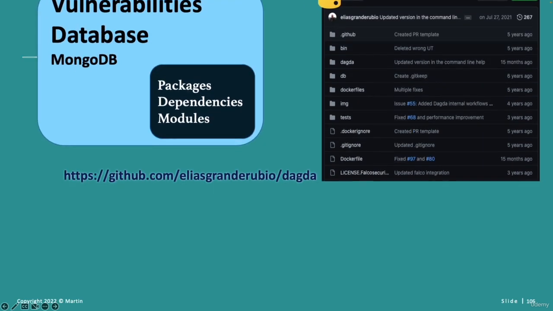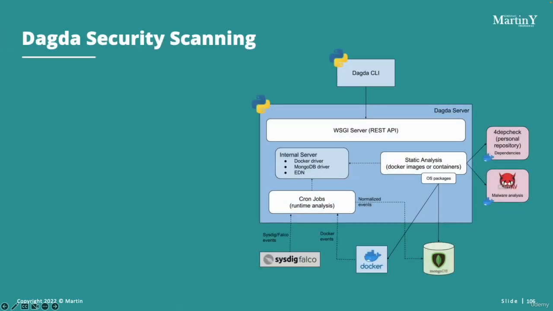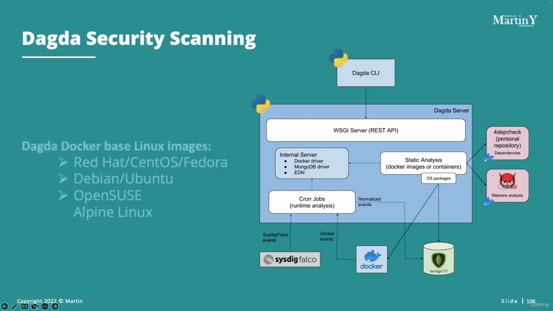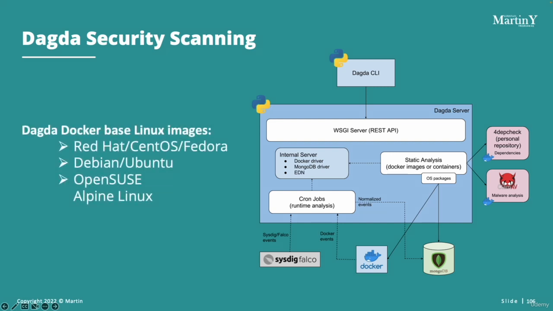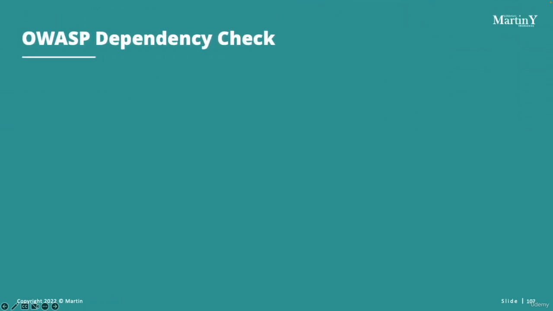You can see right here the basic framework, or the scheme, of Dagda. It normally has distributions for Red Hat Linux, CentOS, Debian, Ubuntu, and Alpine, so you can pretty much use it on most of the famous Linux distributions. Dagda internally uses the OWASP Dependency-Check to analyze the packages and dependencies in many languages such as Java, Python, Node.js, and more.